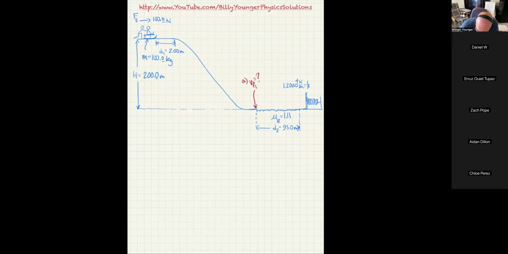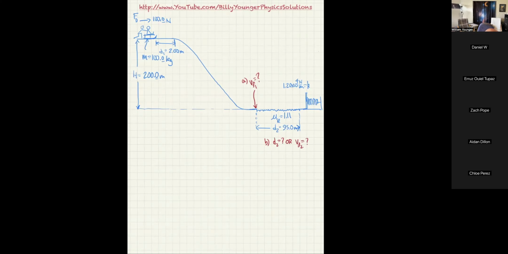Then our next question, part B, is D2. Oh, darn it, I hate it when that happens. D2 equals question mark, or velocity final 2 equals question mark.